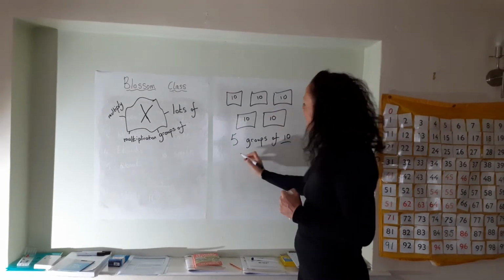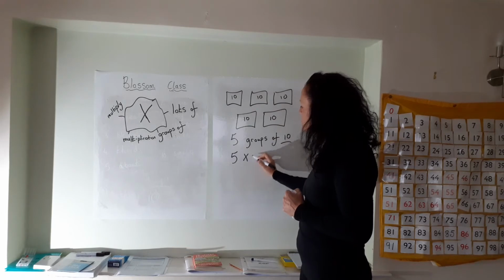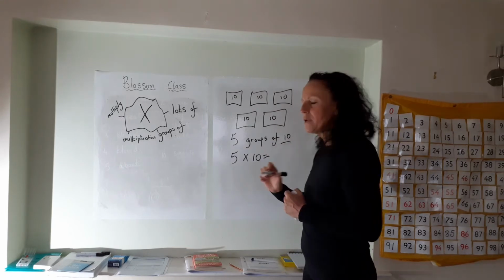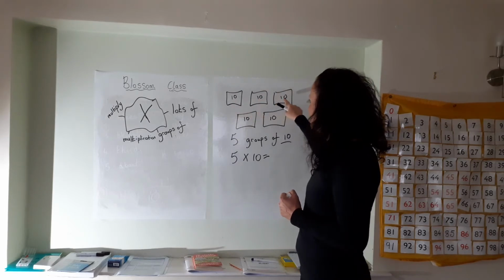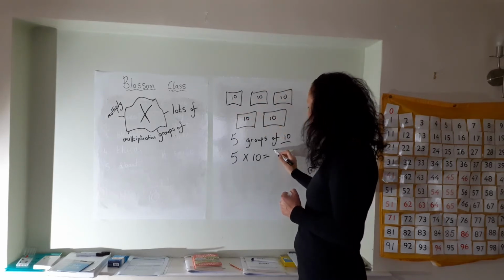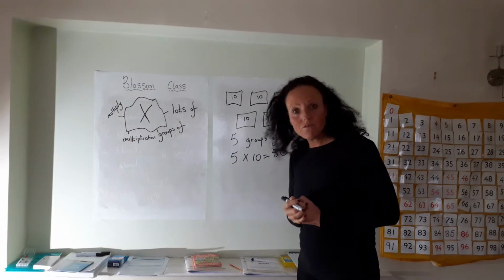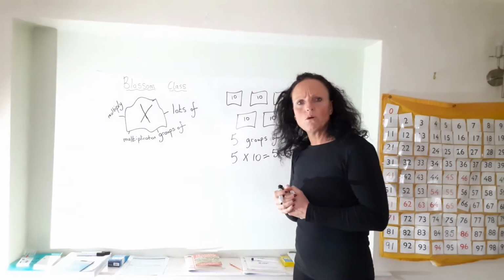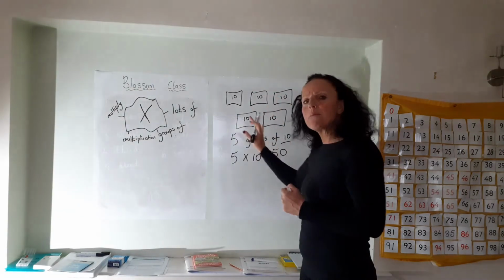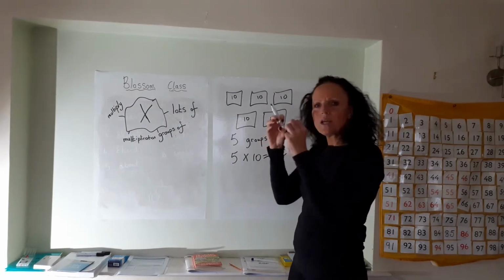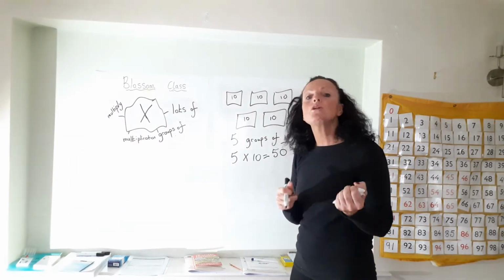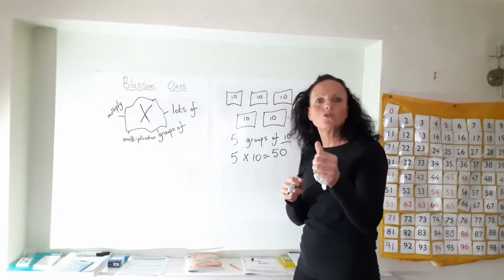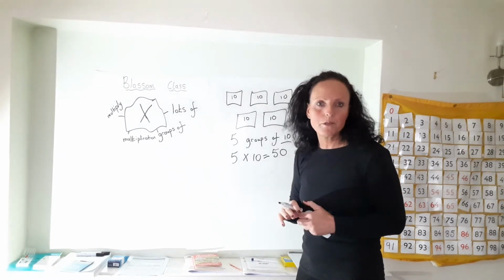We could think, well, 5 groups of 10. We're now going to use our 10s because we know those. 10, 20, 30, 40, 50. There are 50 altogether. Really good multiplying there. So if you ever see a problem and it's got images of things, think how many is in there, okay? And in Year 1, you do tend to get a lot of images that have got 2s, 5s and 10s to help you to count.